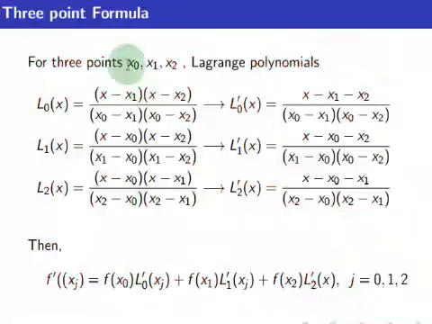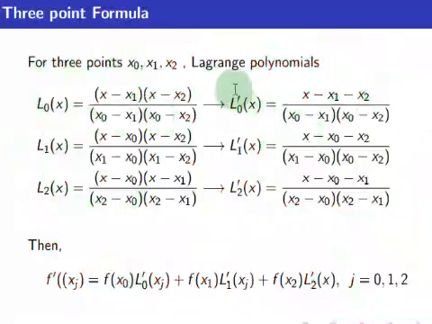So we need to find the derivatives of these cardinal functions, right? That's why we differentiate this with respect to x. So when you differentiate this with respect to x, we get these things, right?